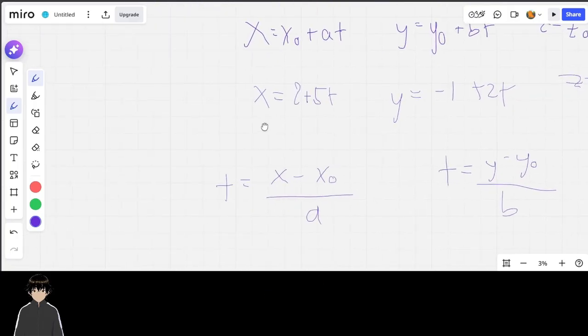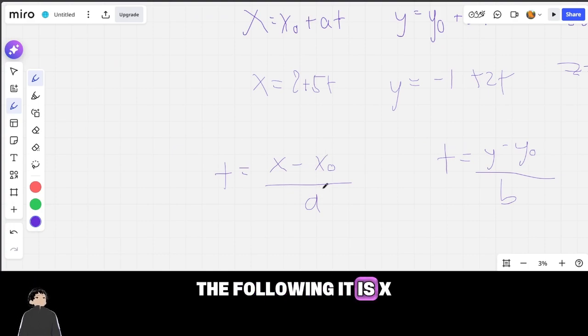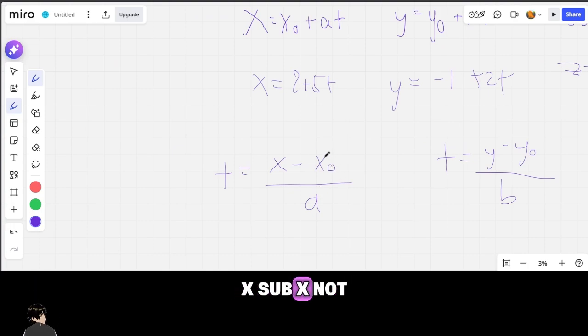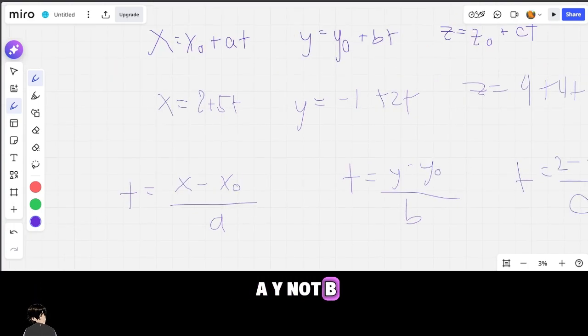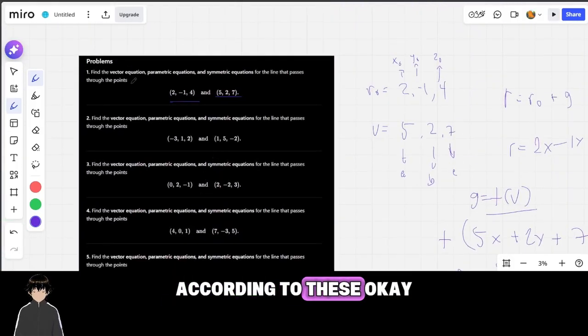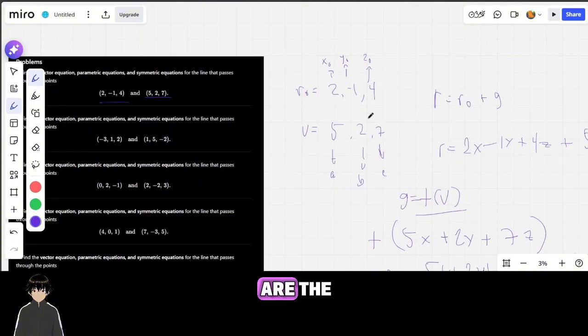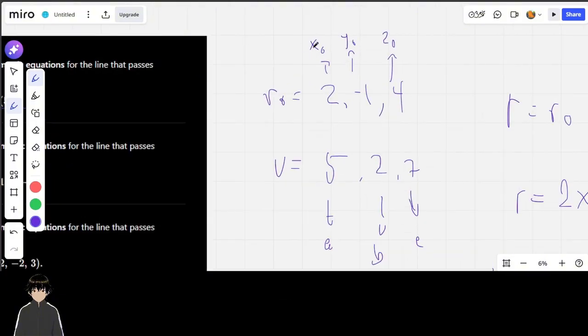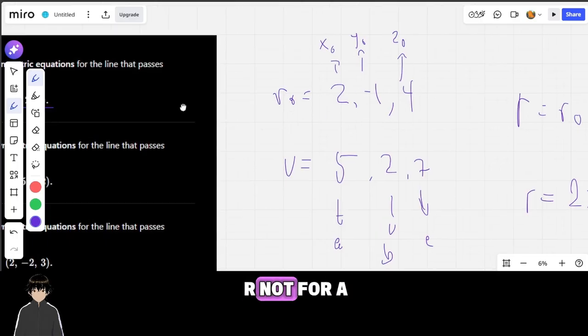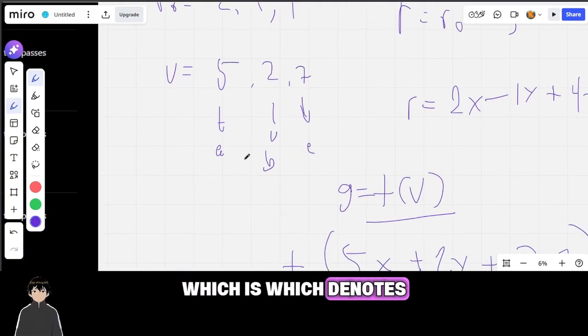Now we're just going to substitute the following, which is x naught, a, y naught, b, and then z naught, c. So according to these, this is the r naught first set. This is v, which is denoted as abc.